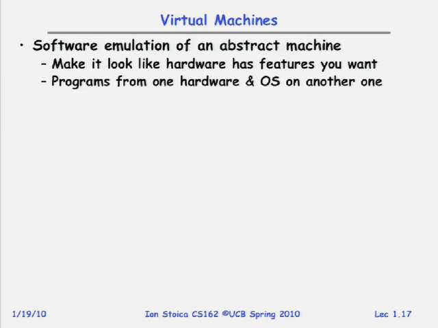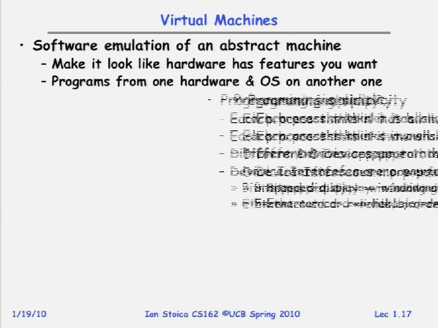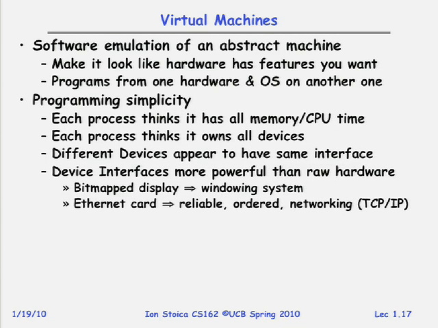Going back to virtual machines, a virtual machine is a layer of software which emulates an abstract machine. This abstract machine is much easier to operate with. It gives the programmer, the application, the features it wants, again by abstracting away the diversity of the underlying hardware.